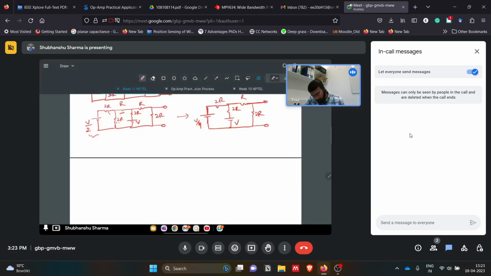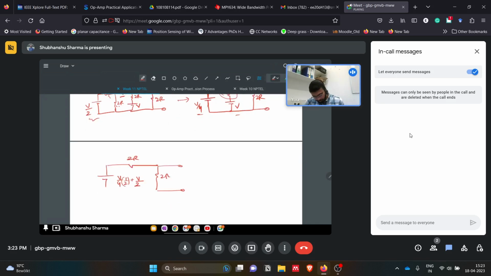This 2R in parallel will be R, and we'll have to add these current sources, and then finally convert it back to a voltage source. So it will be finally V by 4, 1 by 2 plus V by 2. This will be the current, this will be the 2R thing, because this will become R, and this in series with this will become R. So here VTH.